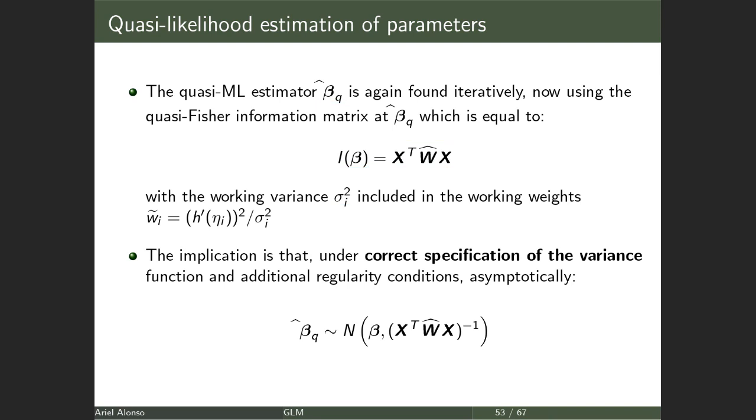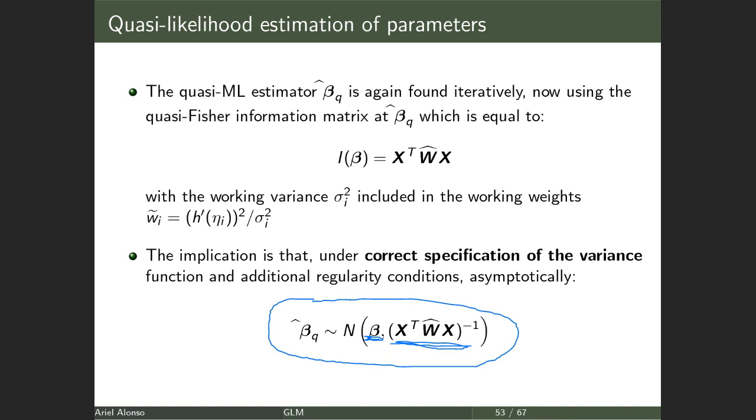If you specify the mean correctly, otherwise you will get into problems, and if you also specify the variance function correctly, then you can show that the quasi-likelihood estimators are asymptotically normal with this mean, the correct value of the parameters. That's because you got the mean correct, and this variance for the quasi-likelihood estimator implies that you got the variance function correct. Your working variance is the correct variance.